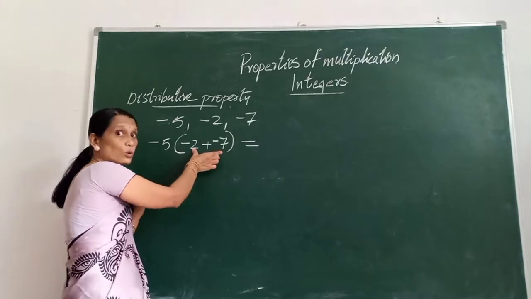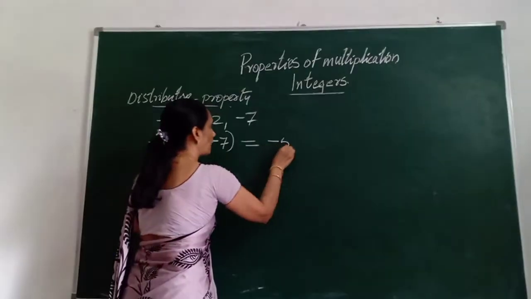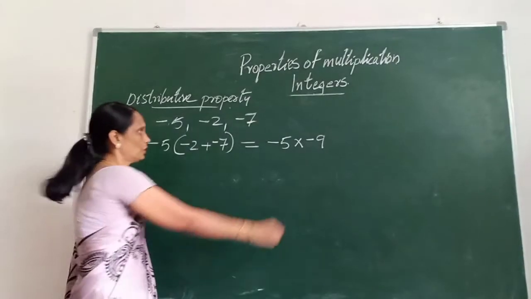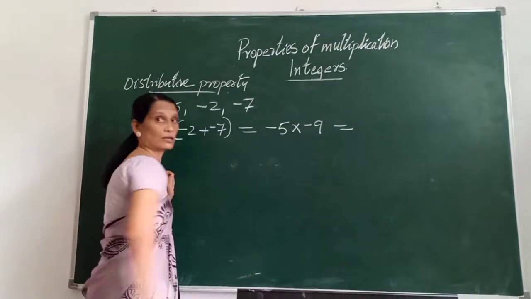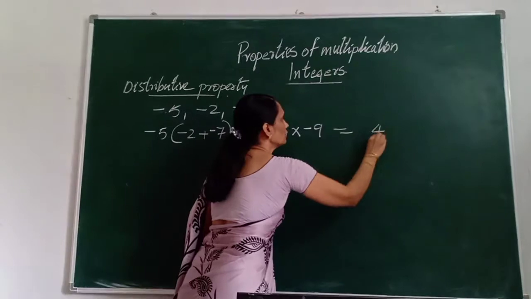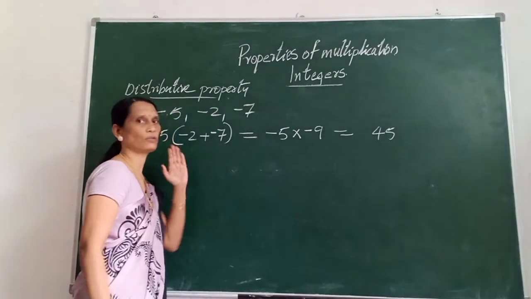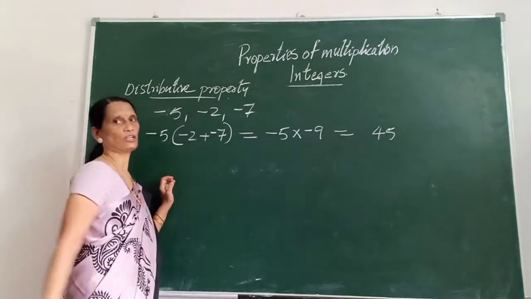So this part we got the answer as minus 9. So minus 5 into minus 9. So this is equal to 9 fives are 45. Right? Minus into minus is plus, so 45. So the answer for this is 45.